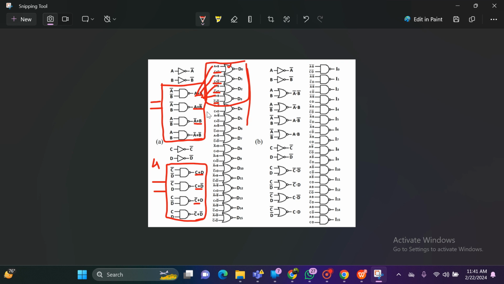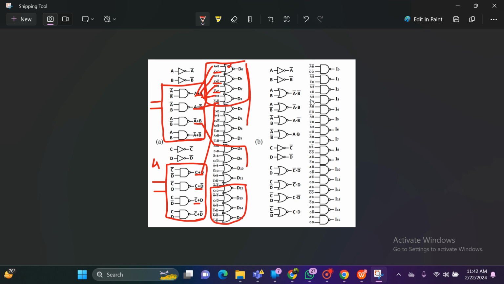Second, A plus B bar is common for all the 4, then this is repeated. Then A bar plus B is common for the next 4 and this is repeated. Same thing up to all the outputs we need to get.